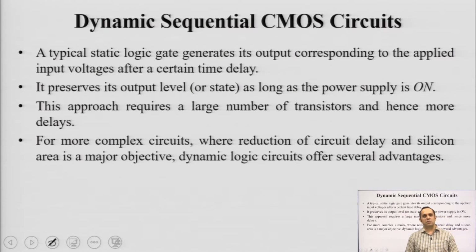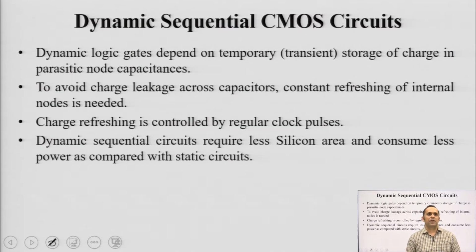So, in this case we move towards what is known as the dynamic logic circuit, which offers several advantages. Dynamic logic gates depend upon temporary or transient storage of charge in parasitic node capacitances. The source of these capacitances can be the junction capacitances between drain and substrate, or the capacitances which produce sub threshold leakage current.